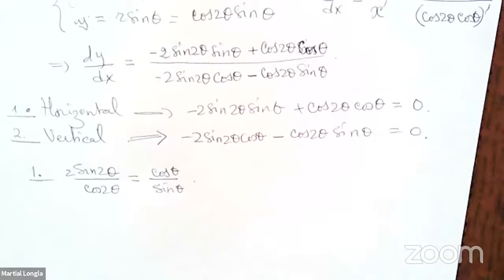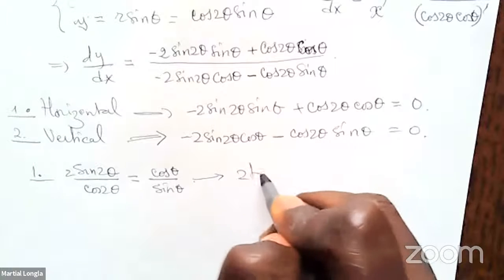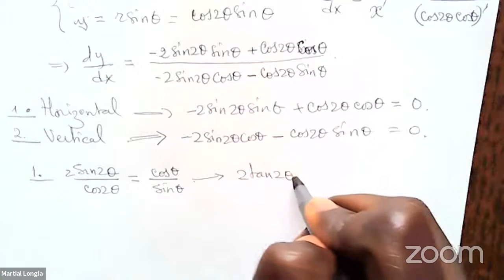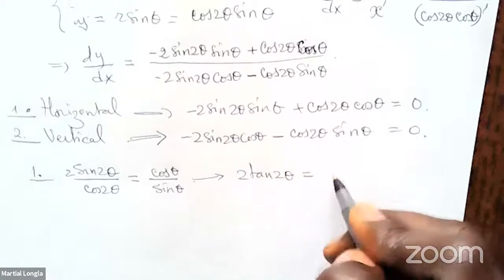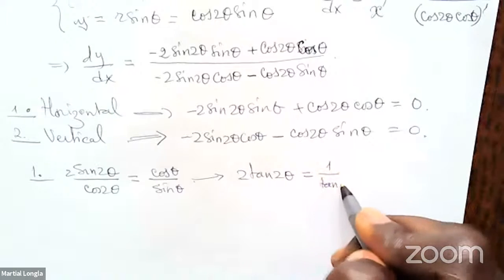Are we good? For the first one. All right, and this is 2 tangent of 2 theta equals 1 over tangent of theta, right?